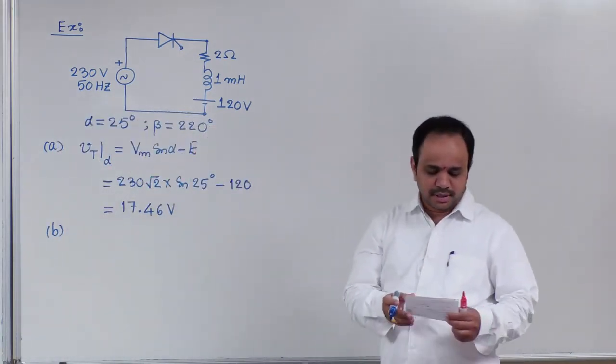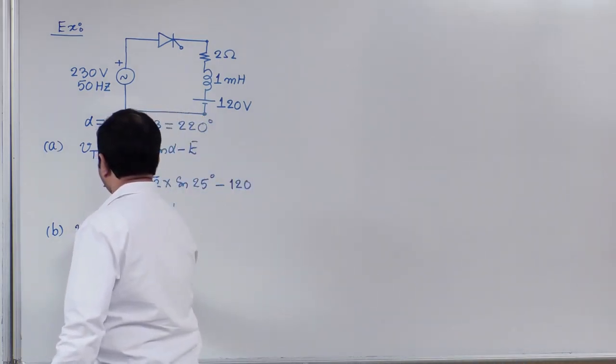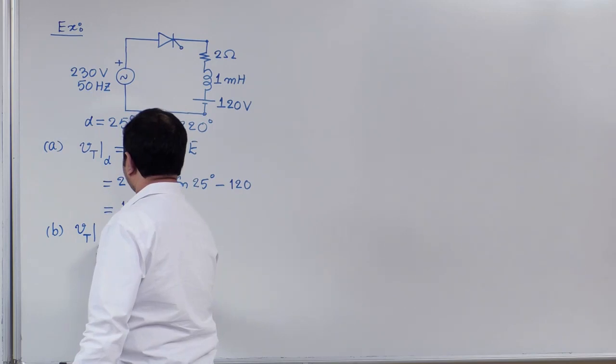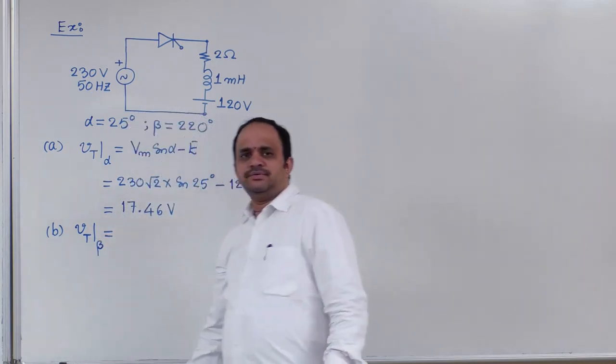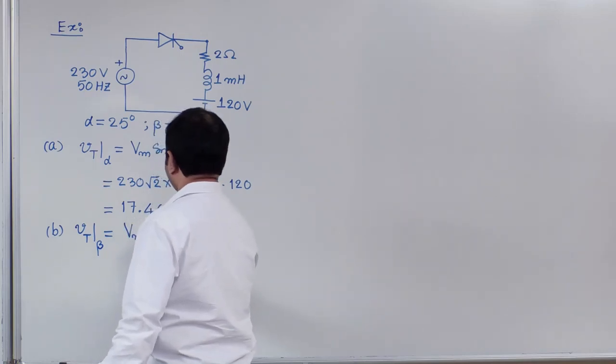Okay, next. Second question. The voltage that appears across SCR at the instant the current is 0. What do you mean by that? Vt at beta. What is the expression for this?